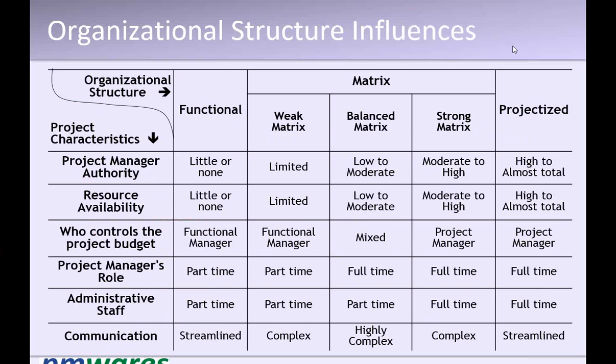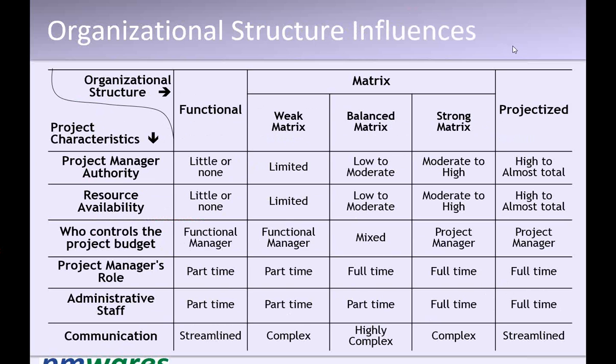The functional manager of Java will assume responsibility for project management or, say, coordination. And this organization starts moving in this direction and becomes a weak matrix.